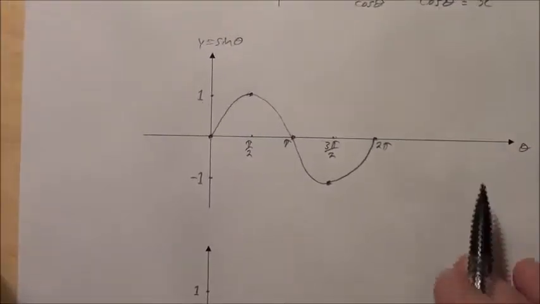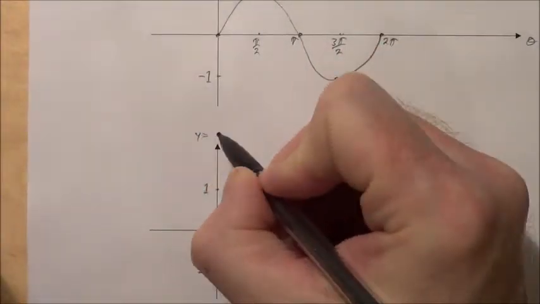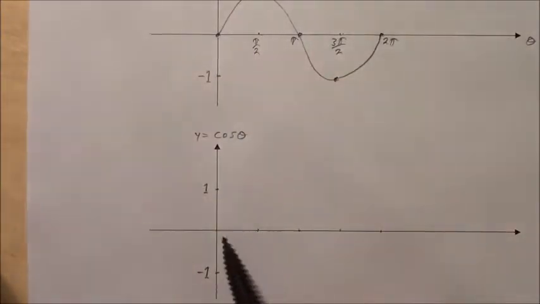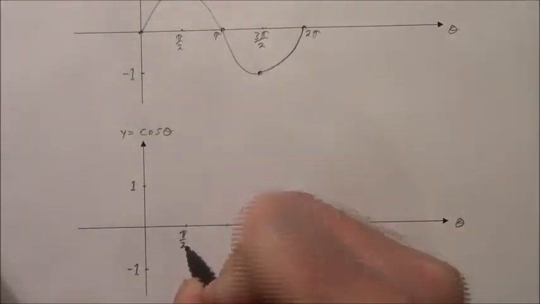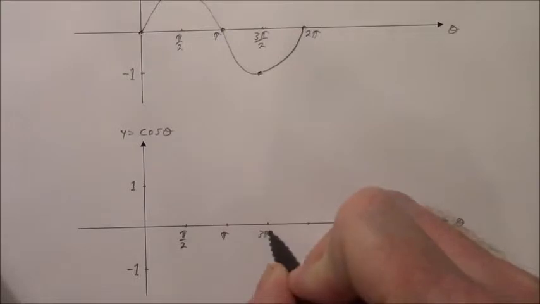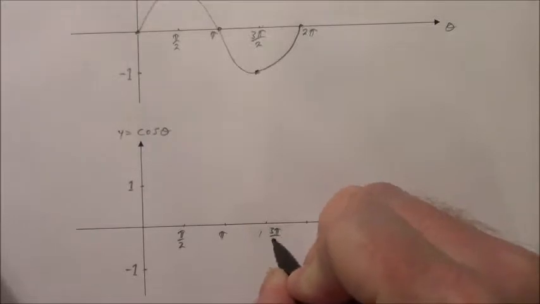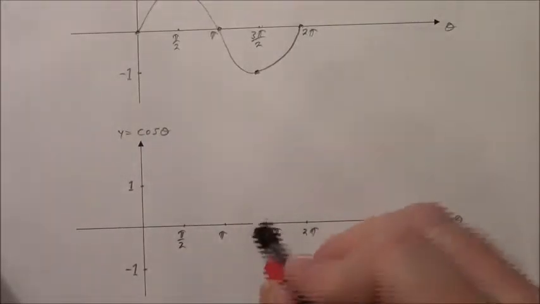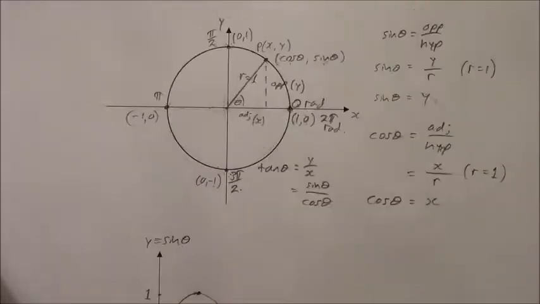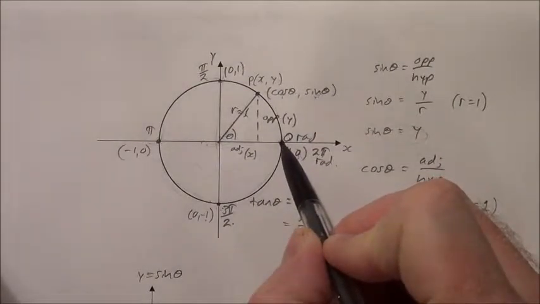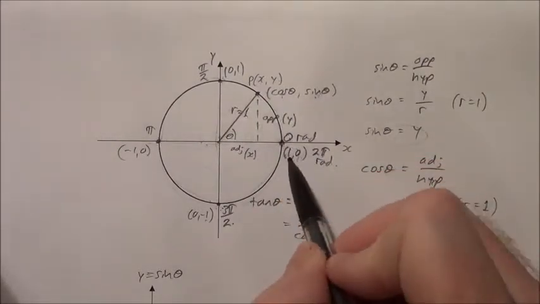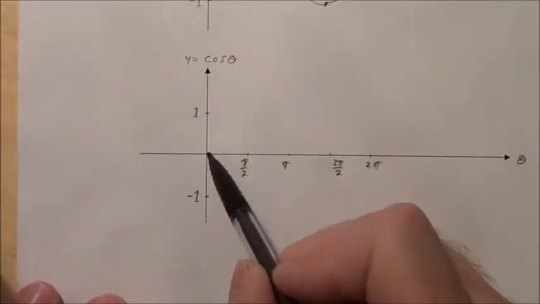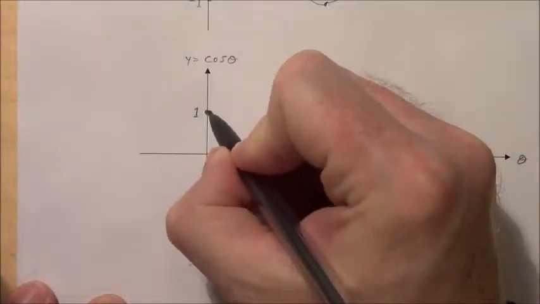Now if we proceed down to the cosine curve, now y equals cosine theta compared to the theta axis again. This of course is pi by 2, here's pi again, here's 3 pi by 2, actually I'm going to put this over here, 3 pi by 2, and 2 pi. So we can go through the same scenario again. At 0 radians, we see the point is 1, 0, and cosine theta is first, so that means cosine is 1. So at 0 radians, cosine is at 1 unit away from the origin.